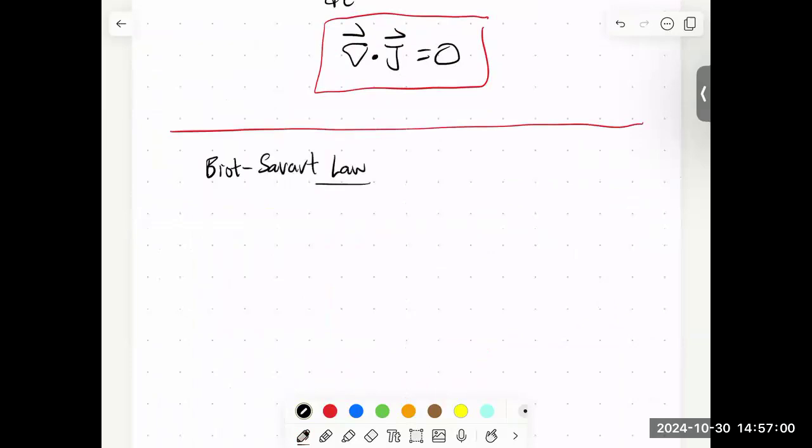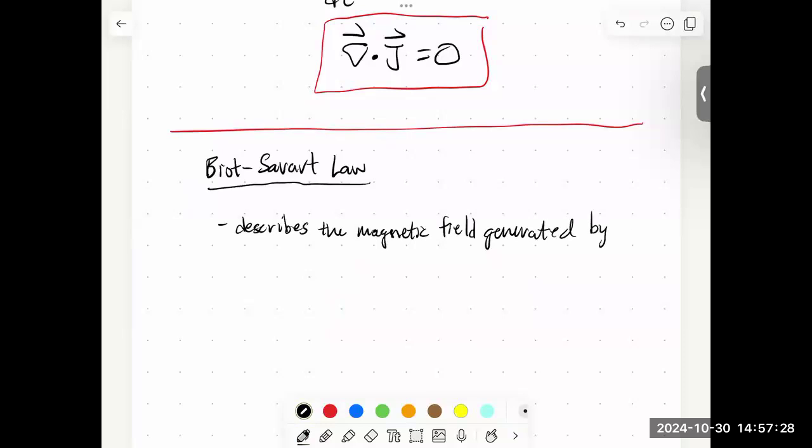This is another one of those expressions that's not going to be derived from anything, but it's going to come from experimental observation. So what this does is it describes the magnetic field that's generated by a steady current.